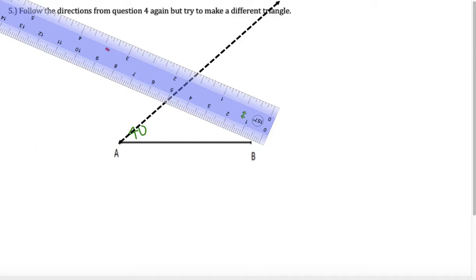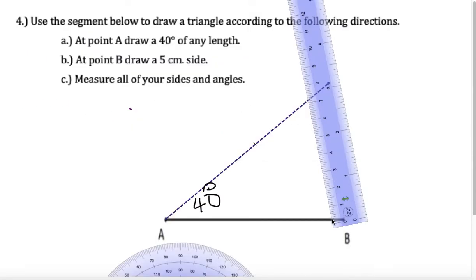So what that is showing, guys and gals, is that we have this 5 centimeter side here, this side I think was 7 centimeters or whatever it ended up being, and this is 40. The reason that we have 2 different triangles, and we can also have one that's coming all the way up here, is because this angle is not the hinge point.